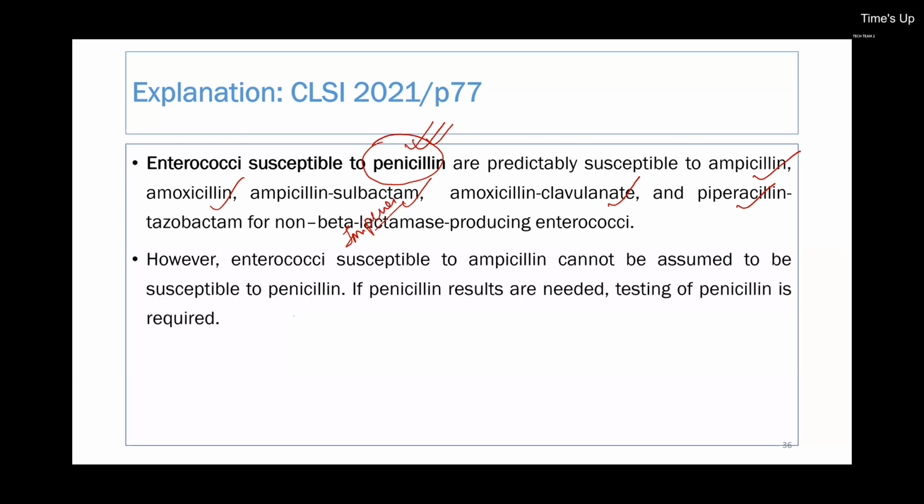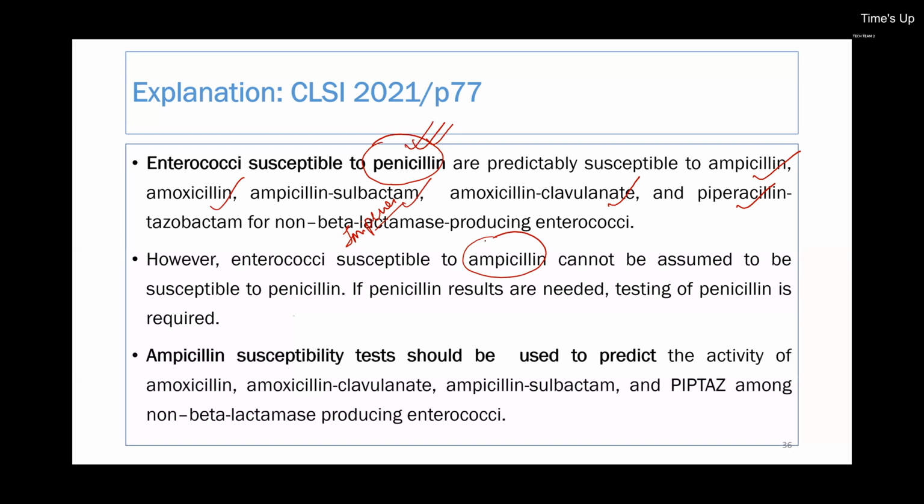And if ampicillin is susceptible, it is going to be susceptible to amoxicillin, ampicillin-sulbactam, amoxiclav, piptaz, and imipenem.